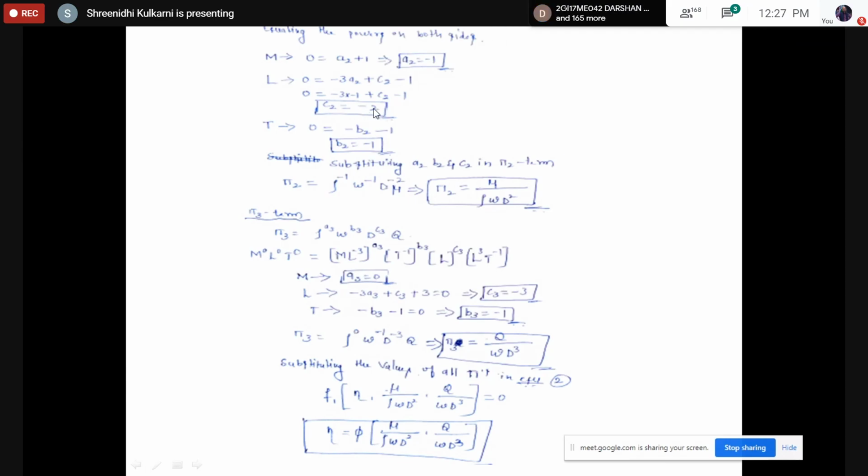What is c2? -2. So this pi2 we can further write as mu by rho omega d square. Clear? Yes, sir.